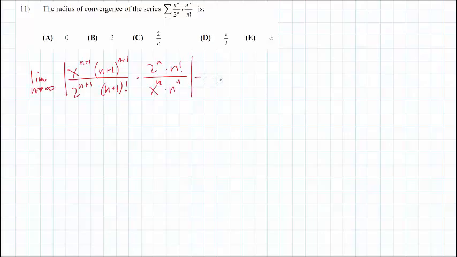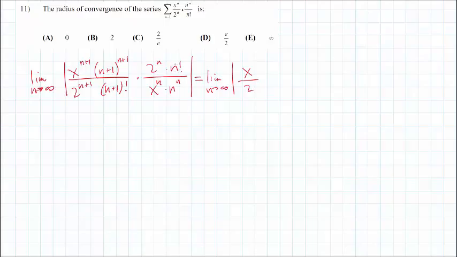And when we do that, we get the limit as n approaches infinity. The x to the n plus 1 and the x to the nth turns into an x on top. The 2 and the 2 to the n plus 1 ends up with a 2 on the bottom.